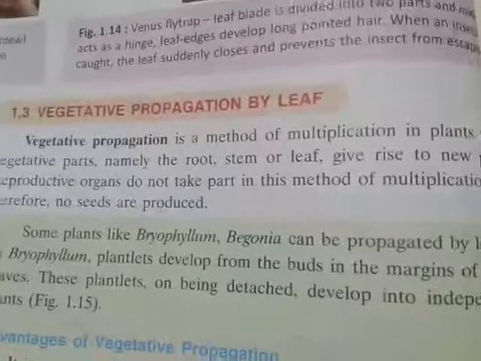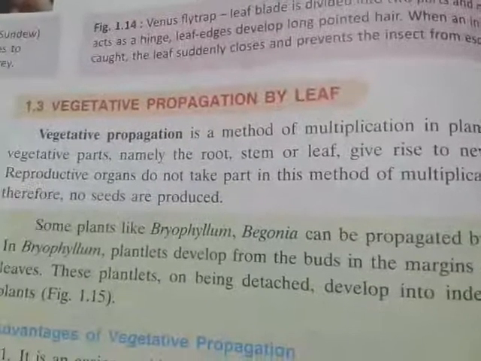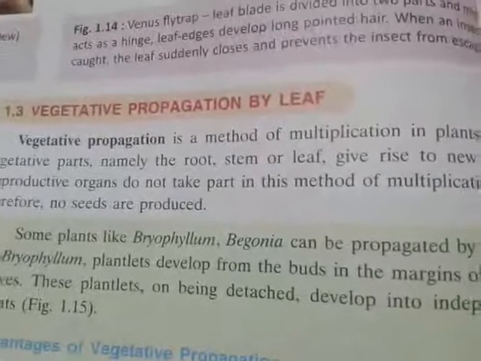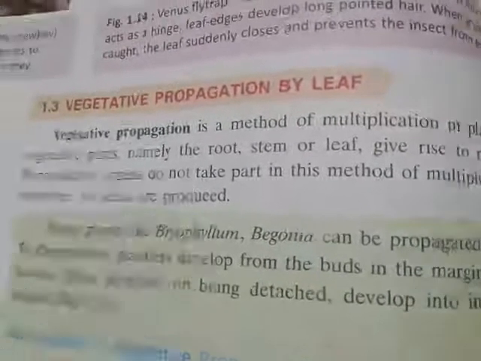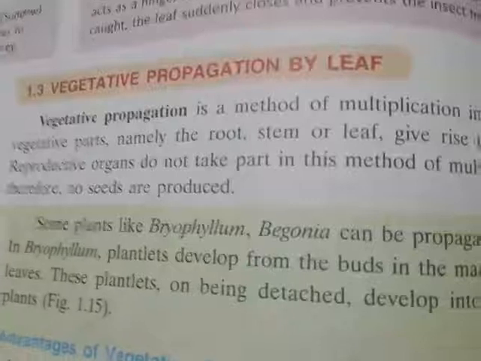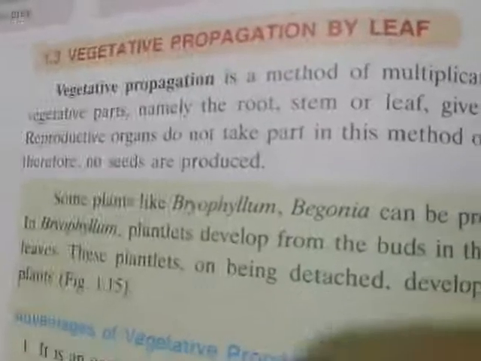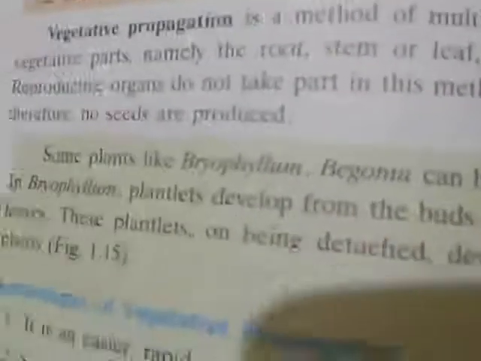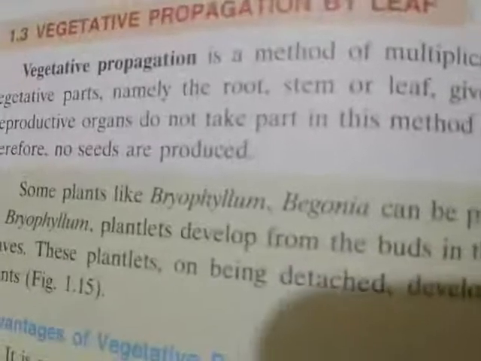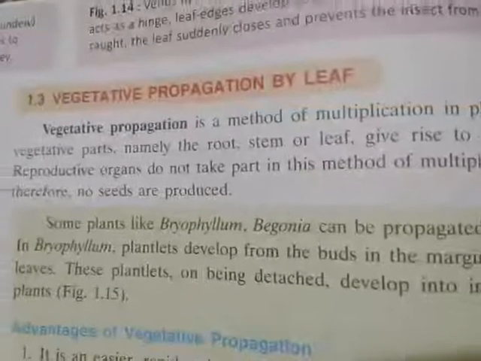Most importantly, reproductive organs do not take part in this method of multiplication. That means no seed will be produced. So that is the vegetative propagation of the leaf.